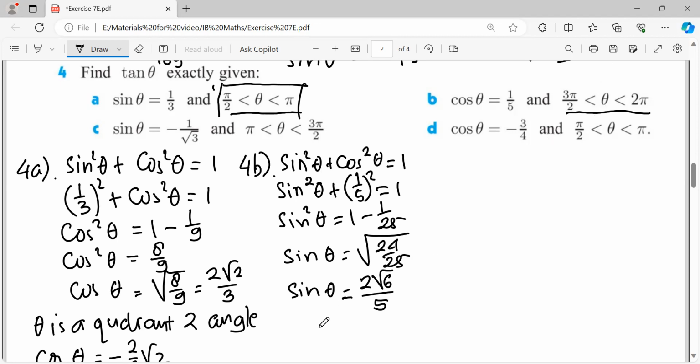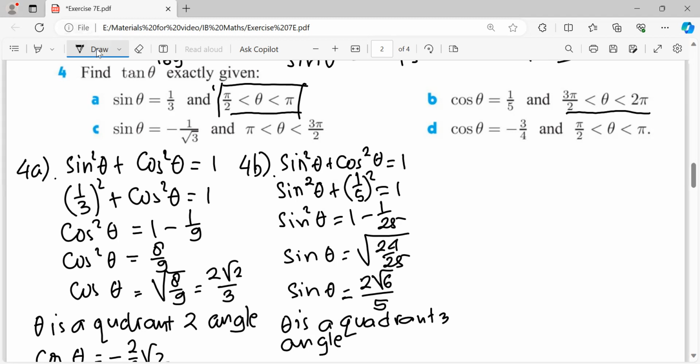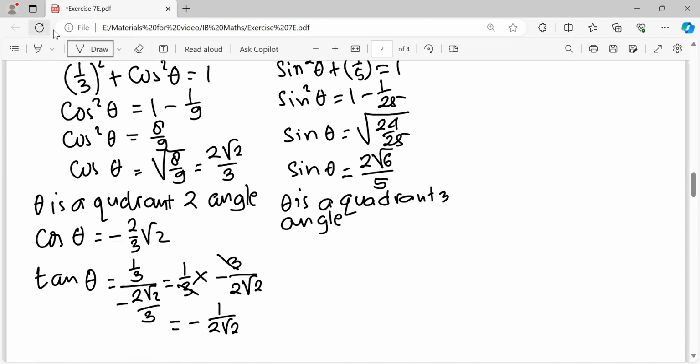Based on this information, theta is a quadrant 3 angle. If theta is a quadrant 3 angle, we have to determine whether sine of theta is negative or positive.